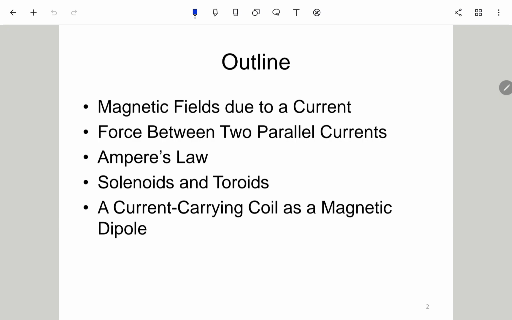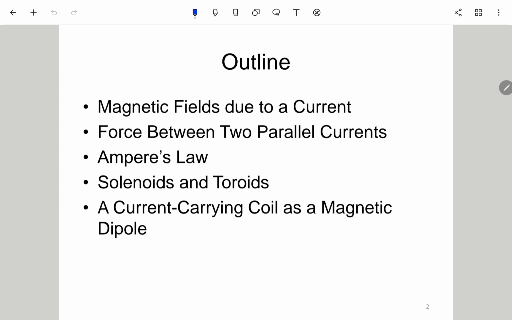Another current will be in this B field, so there will be interaction between them. And vice versa, the other current will also generate a B field, and then the original current will also be in this B field. So these two parallel currents will interact with each other. So this is somehow like an extension of the Lorentz force.